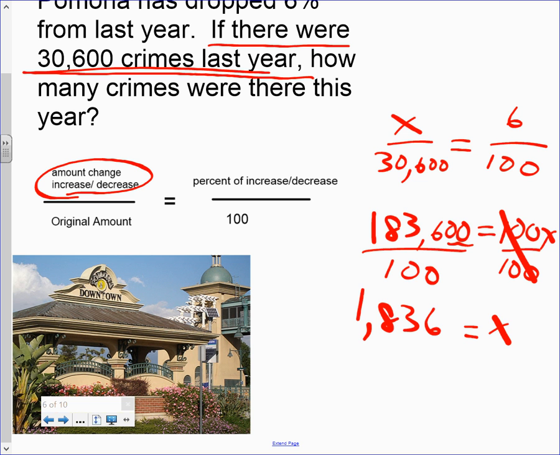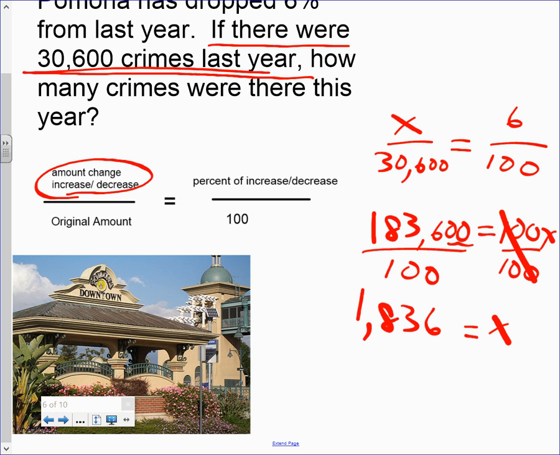Too little, huh? Not only that, if those 30,600 crimes last year, and they're saying it was a 6% increase, no, actually decrease, huh? What if you just subtract it from that total amount? Good idea, because that's how much it decreased. So the 1,836 represents the 6% amount of crimes dropped. That's 6% of 30,000. So to get the new amount of crimes, take the old amount and subtract the decrease, and you'll have this year's crimes.